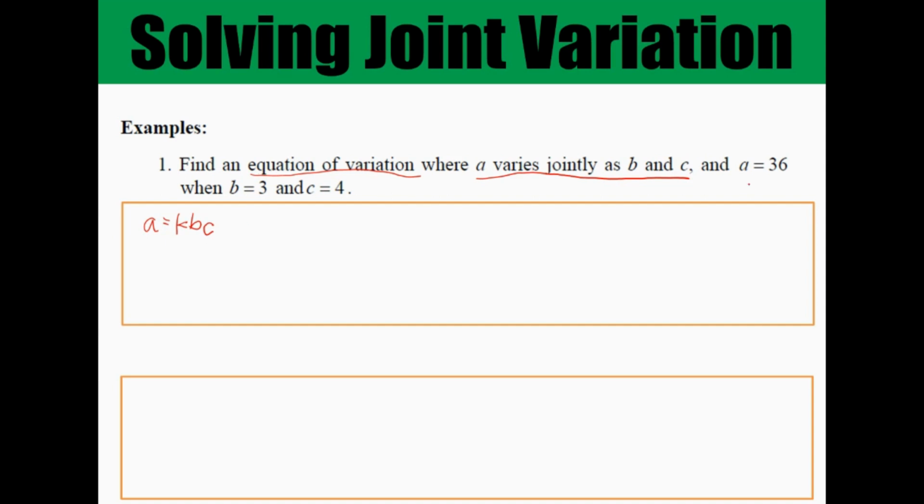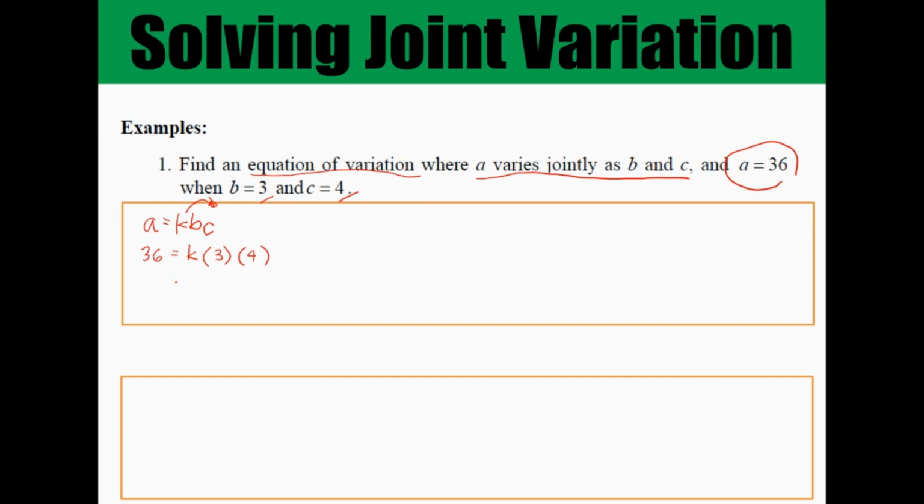Since we have already been given A, which is 36, B is 3, and C is 4, what you're going to do is to find K. So, let's just substitute everything that is given. A equals 36, K is unknown, B is 3, then C is 4.